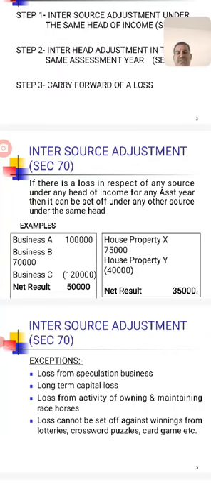The businesses are of the same head. There are 3 businesses: 2 got profit, 1 got loss. This loss can be adjusted within the same head, called inter-source set off.